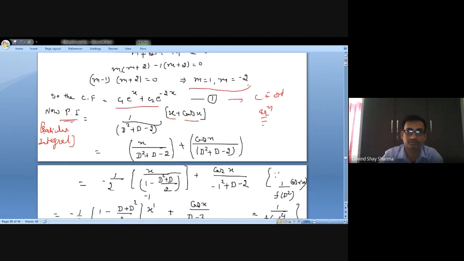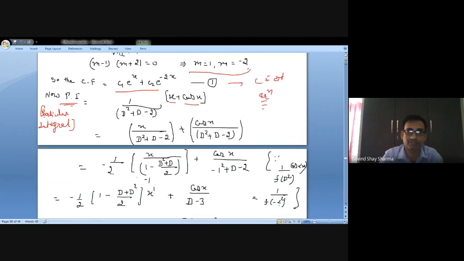Now, we make this in the form of 1 minus z. So we take minus 1 by 2 as common. Here, d square is replaced by minus alpha square, and alpha is equal to 1. So, minus 1 minus alpha square means minus 1 square plus d minus 2.